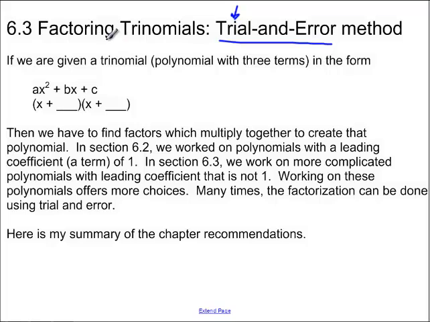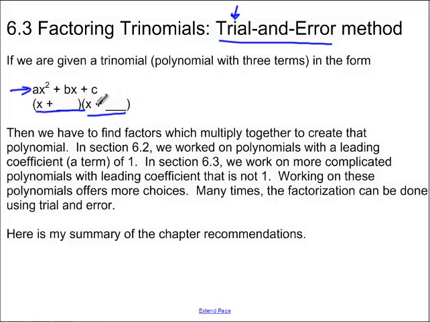factorizations. So again, if we're factoring trinomials, we're given a trinomial, which is a polynomial with three terms. And here's the form that we've got: ax squared plus bx plus c. We've got a trinomial because we've got three parts. This is going to be our product, and we're going to find two factors that multiply together to give me this trinomial. So we're going to have to find something like this: x plus something and x plus something in parentheses.